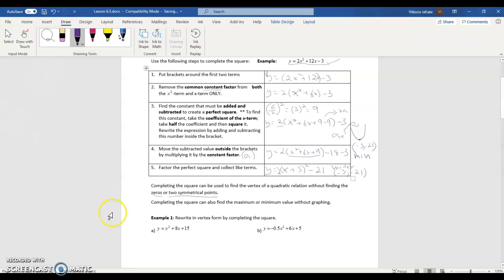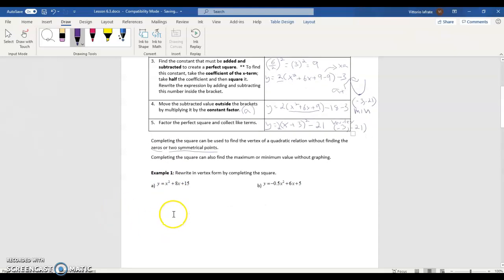So let's try example 1 over here, same idea. We'll follow the same steps as before. So we're going to have y is equal to, put brackets around the first terms, the x squared term and the x term, plus 15. Take out a common factor if there's any. It doesn't look like there is, so our a is just simply 1 here.